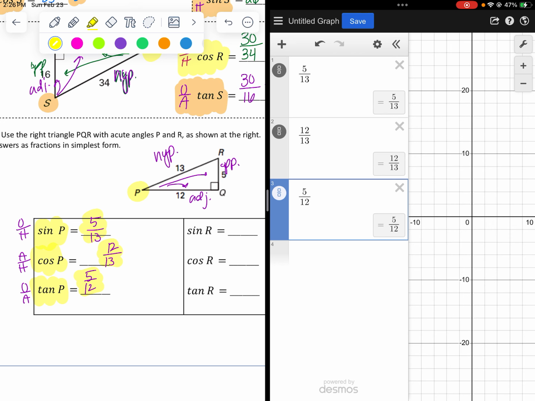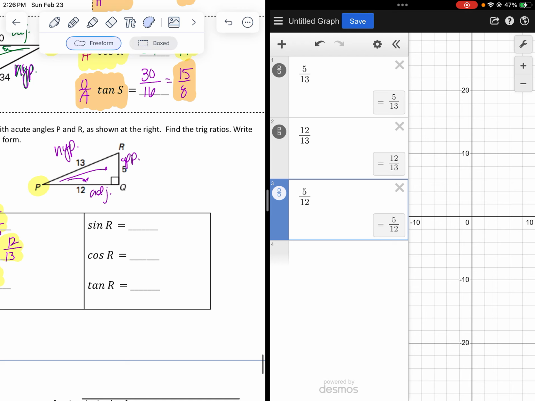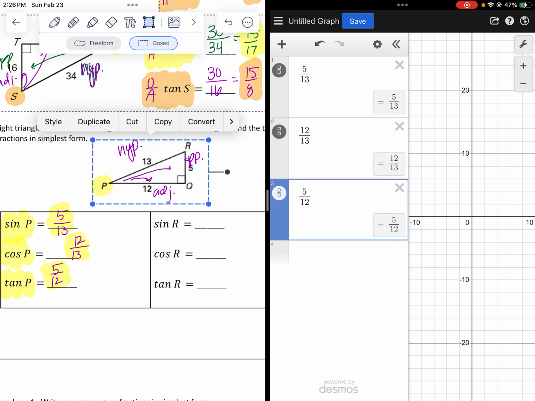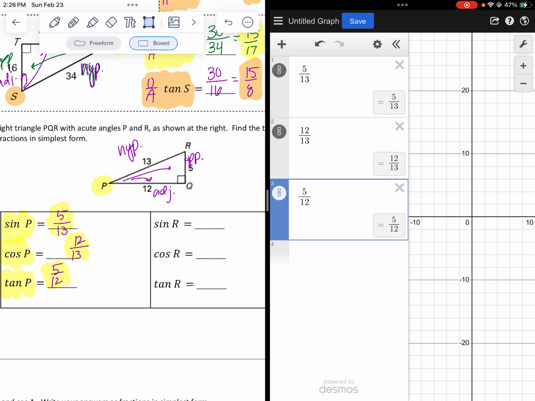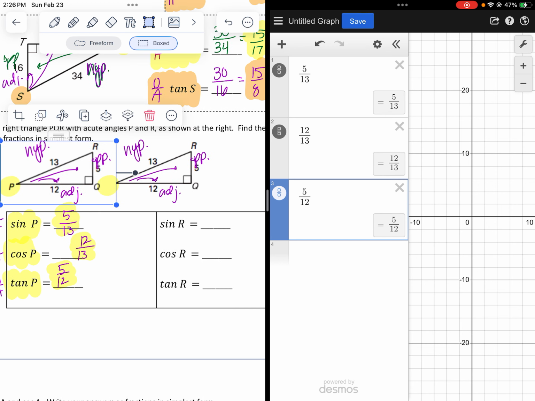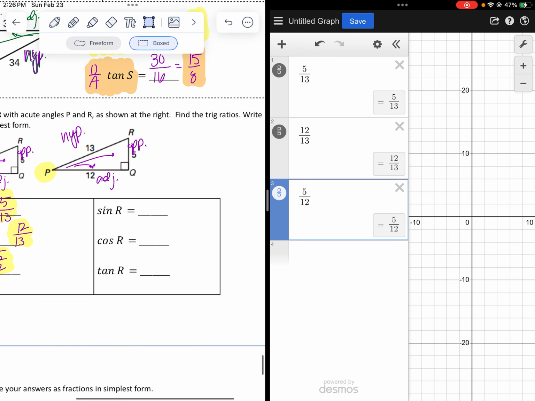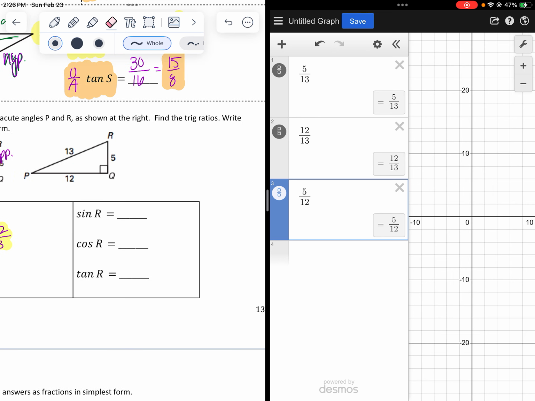Okay, and then we have angle R. So I'm just going to take this guy. I'm going to copy it, paste the image so that we have that work for angle P. Otherwise, we can erase this guy. And let's focus on angle R. So same exact thing for going on to angle R, right?